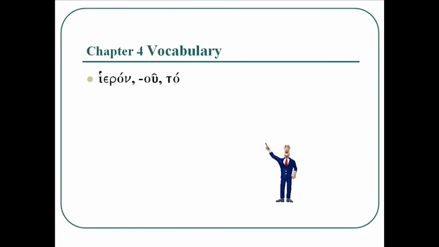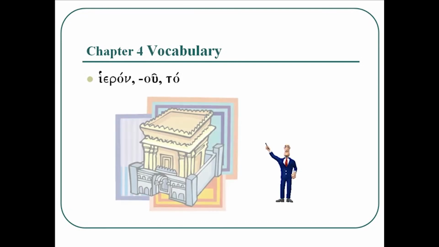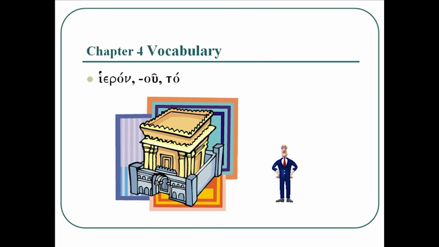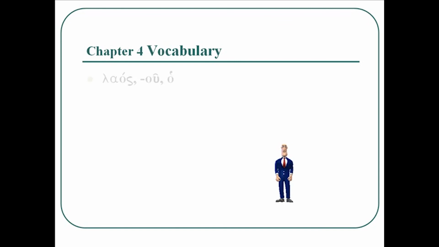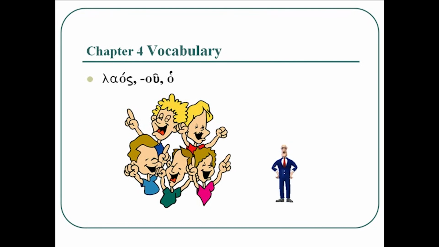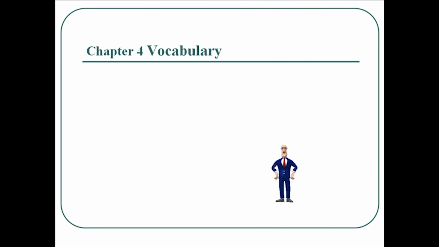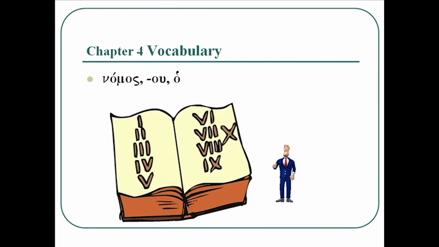The sixth word is hieron, and it means temple. The seventh word is laos, and it means people. The eighth word is nomos, and it means law.